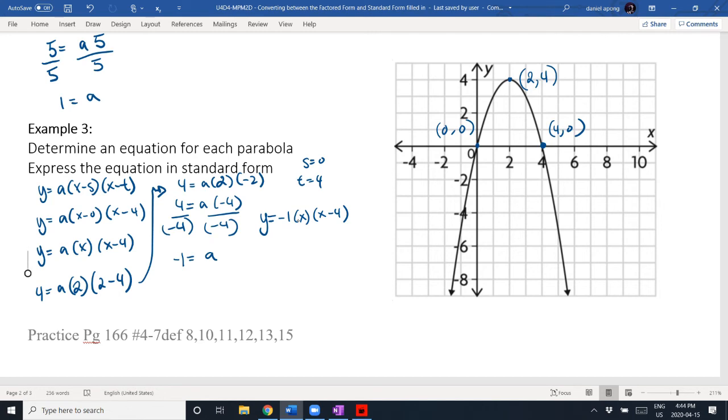So this one here, you can see this is just a monomial, so this is going to be a little bit simpler to expand. We'll leave the negative 1 here, but we'll do the monomial into here. So we have x times x, which is x squared, and then x times negative 4, which is negative 4x. And we saw that it's negative 1 in front, so we're going to rainbow this into both of these here. So y is equal to negative 1x squared plus 4x. So just be careful with that rainbowing in, and you should get your answer right over there.